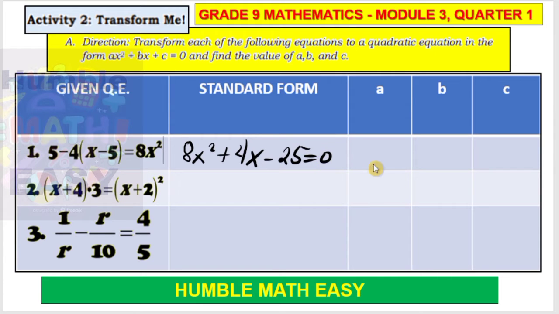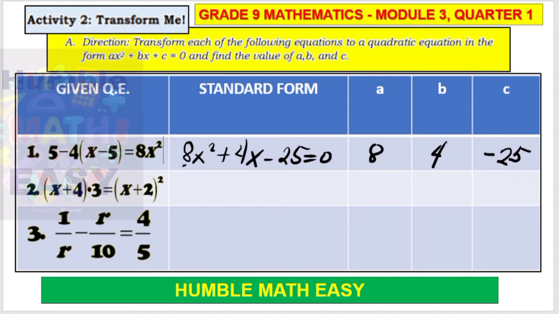The numerical coefficient of the quadratic term is 8, so a is 8. Positive 4x is our linear term, and its numerical coefficient is 4, which is represented by b. And our c is negative 25. That is how we deal with the given problem number 1.